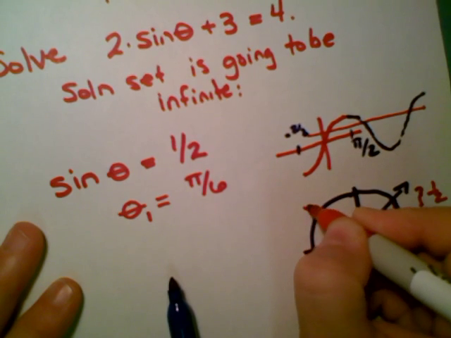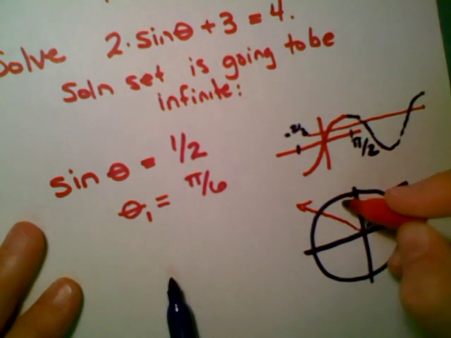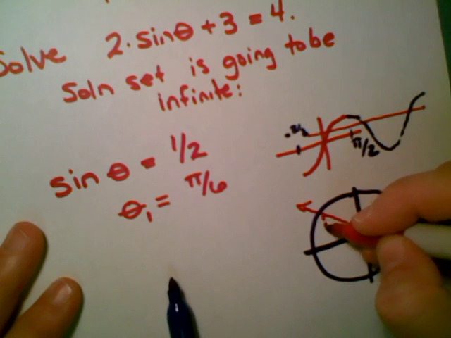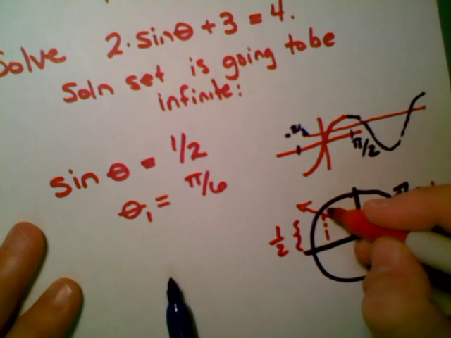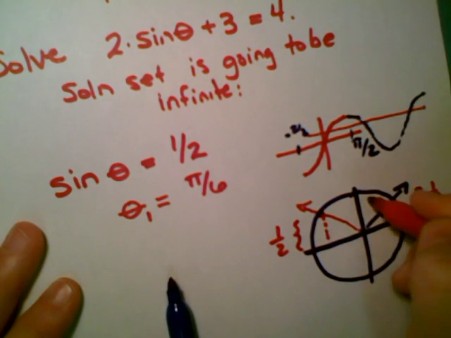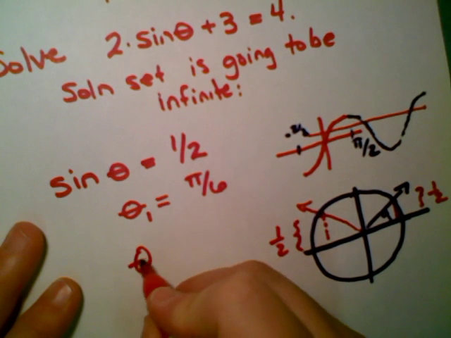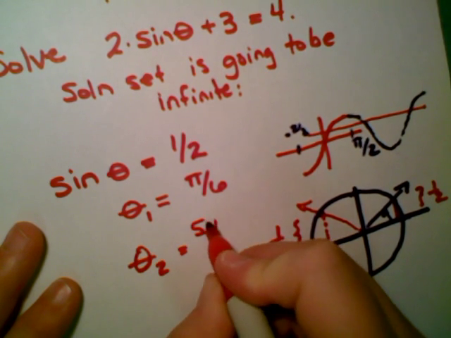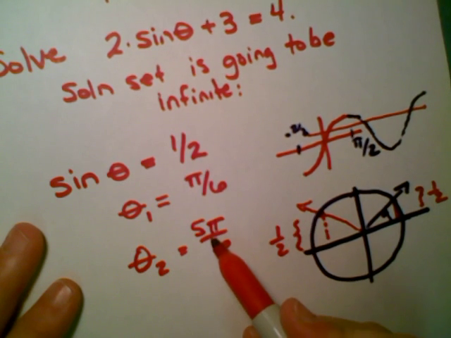From our experience with the unit circle, we can find a second angle, which happens to be obtuse, whose vertical distance from the horizontal axis is also 1/2. If you think about it a little bit, my drawing's not very good, but that value of theta is going to be 5 pi over 6. It won't quite be 180 degrees.